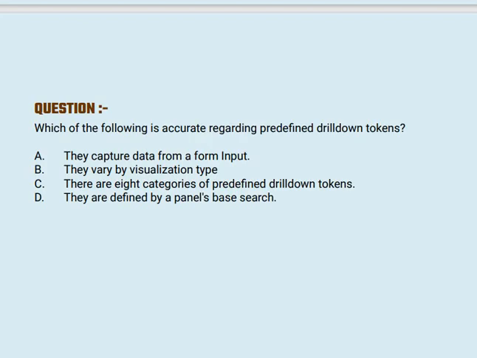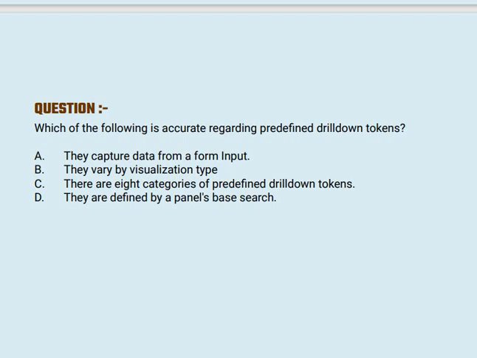Moving to next question. Which of the following is accurate regarding predefined drilldown tokens? Option A, they capture data from a form input. Option B, they vary by visualization type.